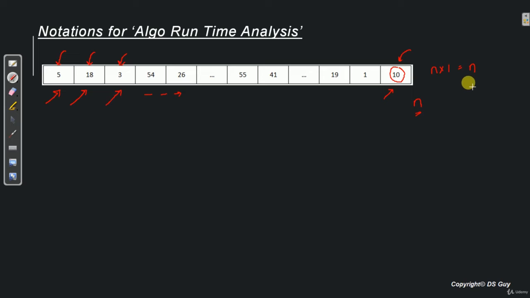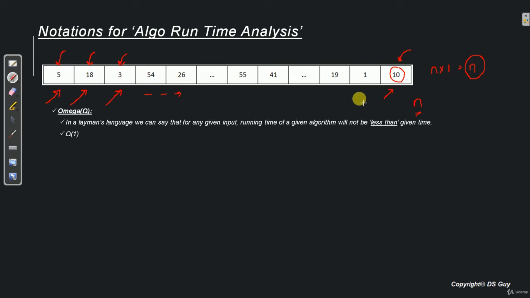Now let's see how we can denote this n in terms of notations. Let's say we want to represent the time taken by our algorithm to search number 10 in this array in terms of omega. So what we'll say is it will take omega of 1.